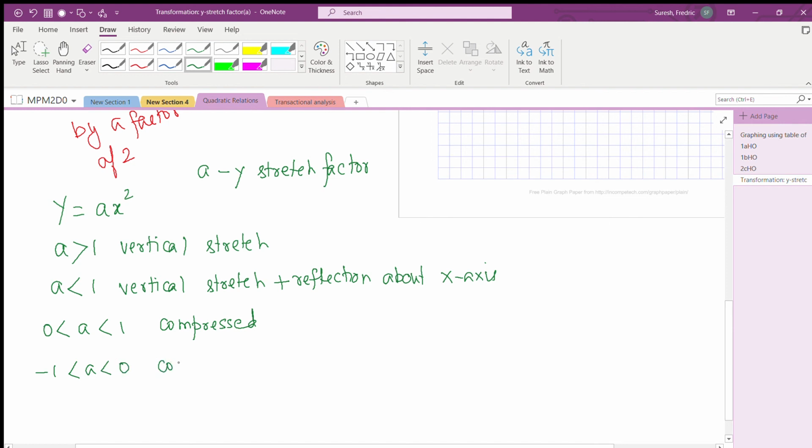It will not just be compressed, it will also be reflected because it is a negative number. Okay, so it'll be reflected about the x-axis.